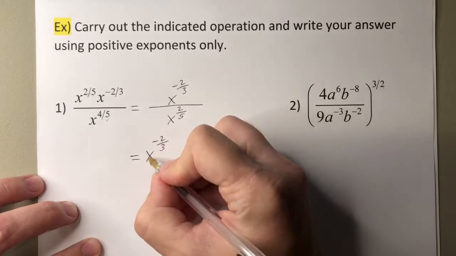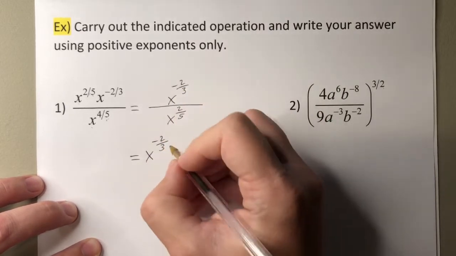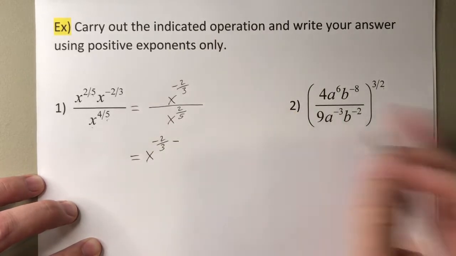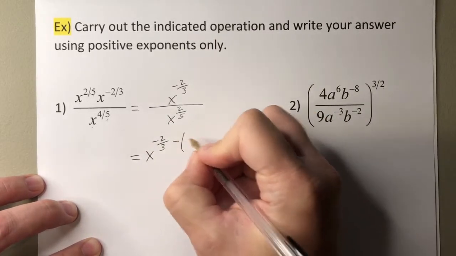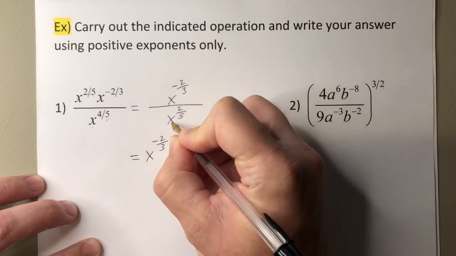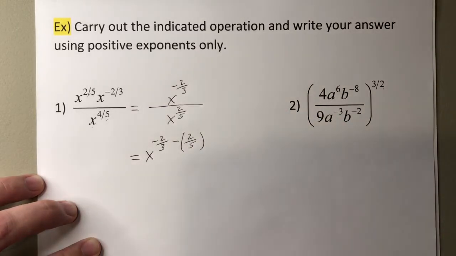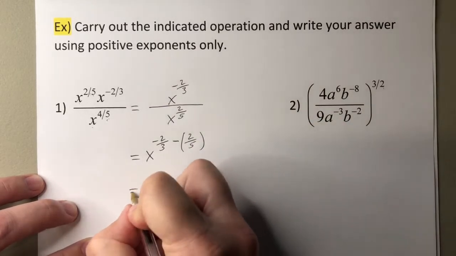So what that means is you rewrite the numerator exactly as it was originally written. And then in the exponent position, you write down minus and then whatever this exponent is that the base is being raised to in the denominator. So minus 2/5.